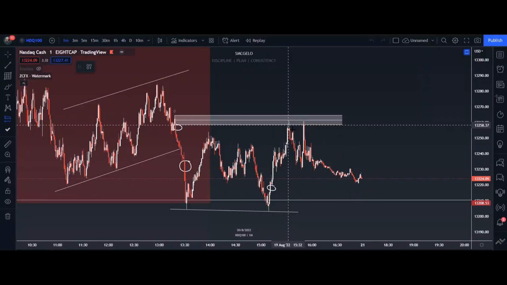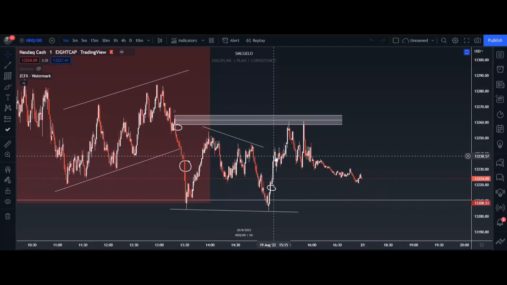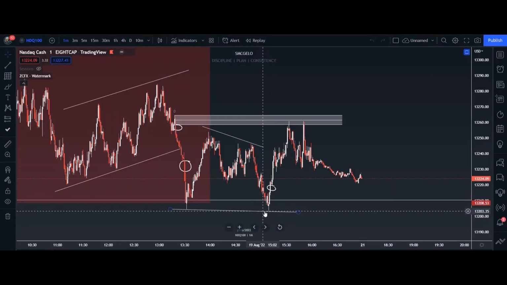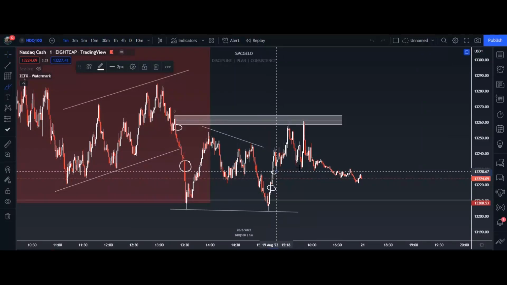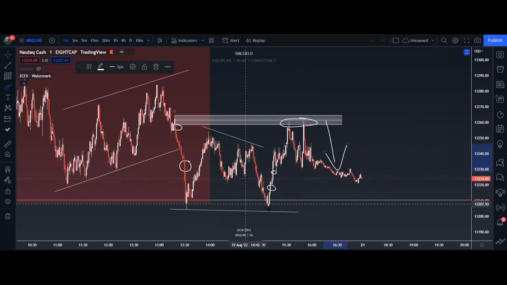But as you can see, price came down, formed a little bit of some buy side liquidity right here. Okay, traded down, made a double bottom, barely took out the lows, came back up to fulfill all these gaps in the market, tapped into our supply zone to then continue down to take out all this down here.